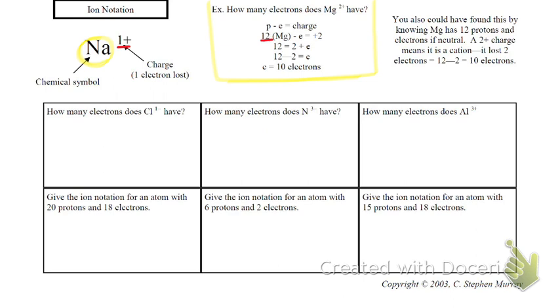And we're kind of doing a backwards equation of what we have been doing. They're telling us the charge is a +2, so we can use that to figure out how many electrons it started with. So 12 minus the electrons should be a +2. I'll write this over here.